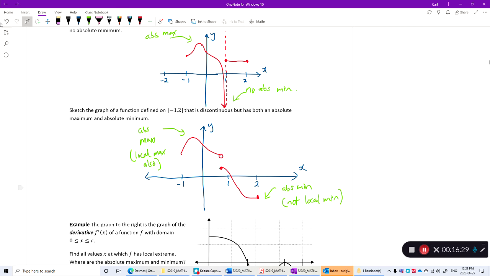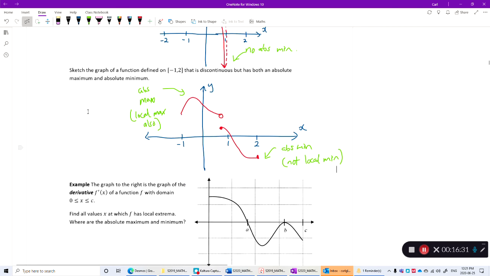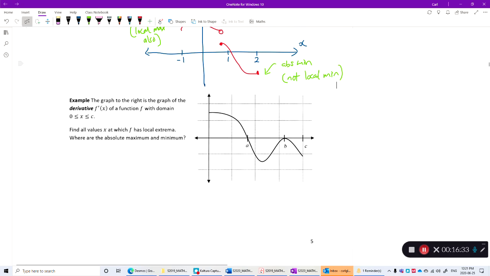Okay, so last one. Now here we have to think, the graph shown is the graph of the derivative. So we're being shown the derivative of a function. And the domain is from 0 to c. Find all values x at which f has local extrema.